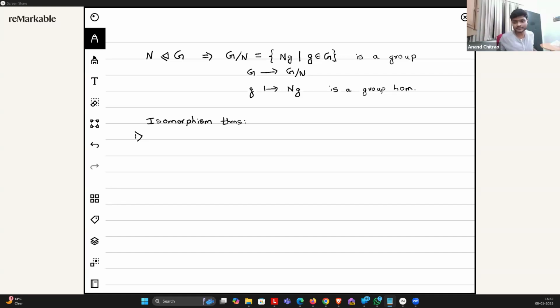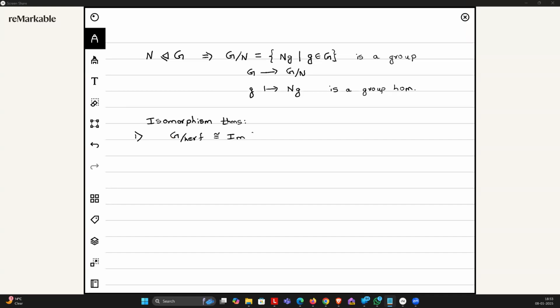Doesn't matter. G by kernel F is isomorphic to the image of F, which is also called F of G. There's the slogan, but I believe that you can all fill in the gaps what this means.